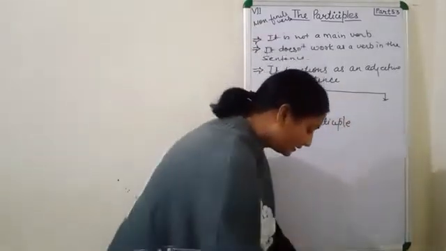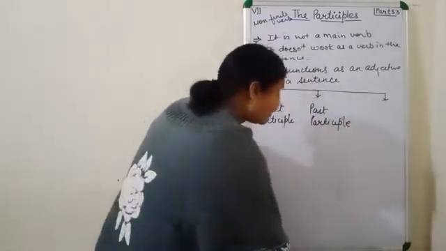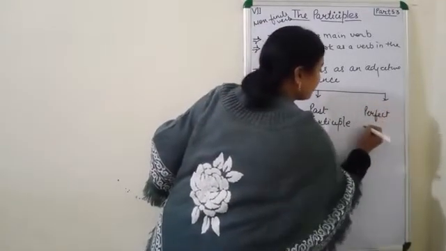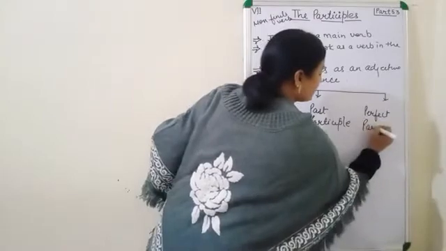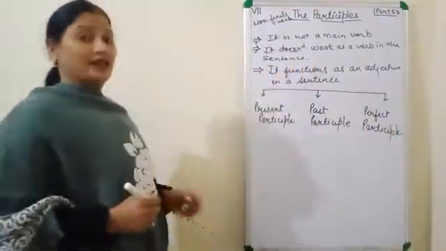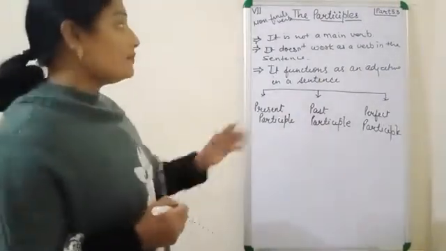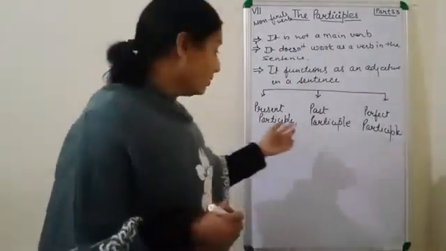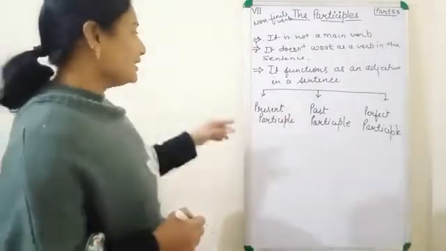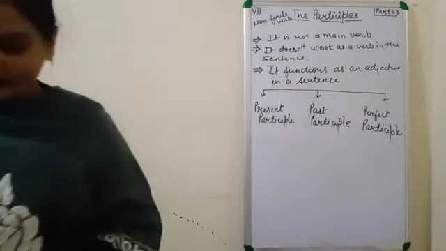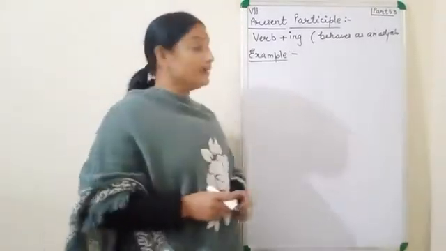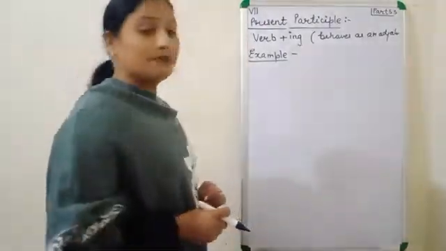And the third is the perfect participle. So this is all about the participles. Now, we will see about the present participle. So let's begin with the present participle.